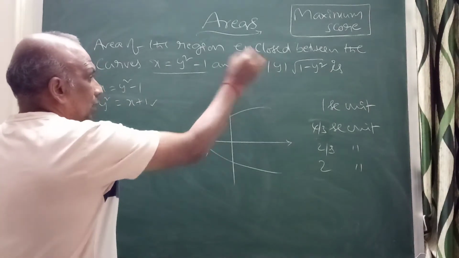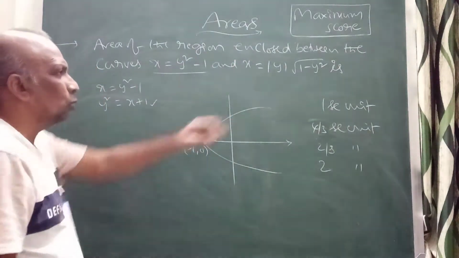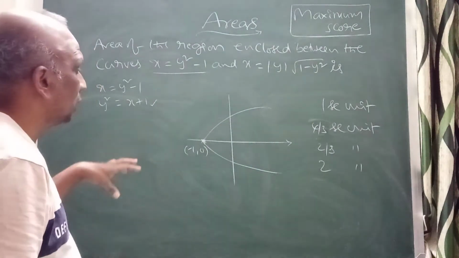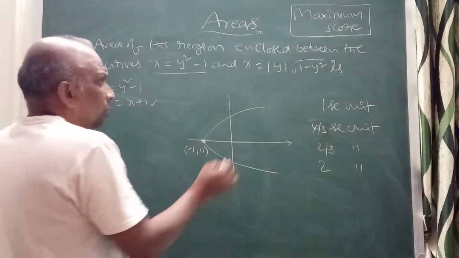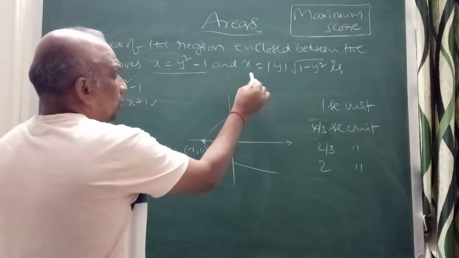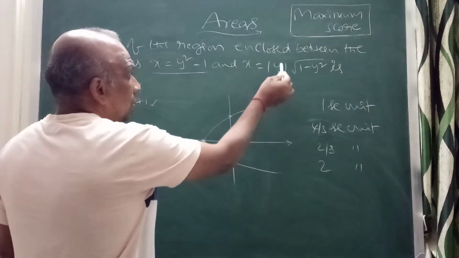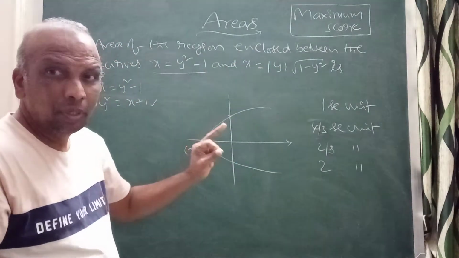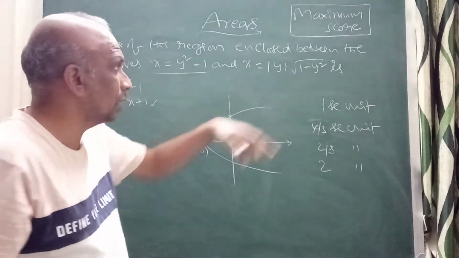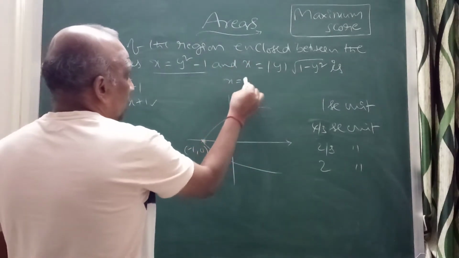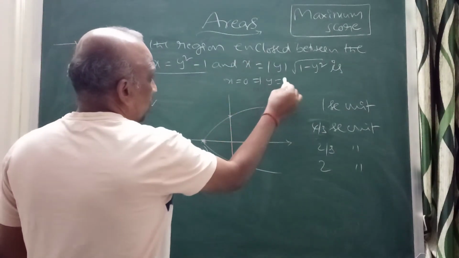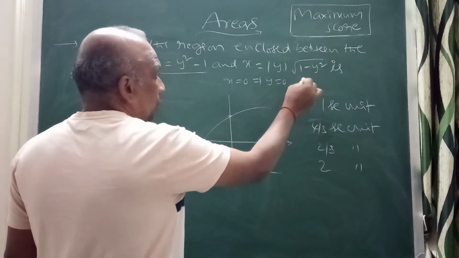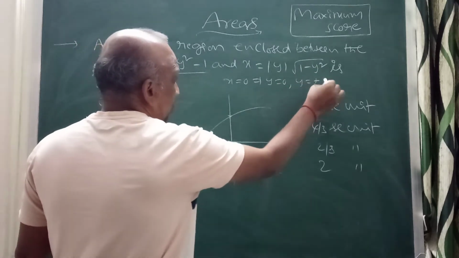If we take this equation, x equal to mod y into root of 1 minus y square, you can also check this one. For example, if you put x equal to 0, y is equal to 0 and 1 minus y square equal to 0, it will come y is equal to plus or minus 1.